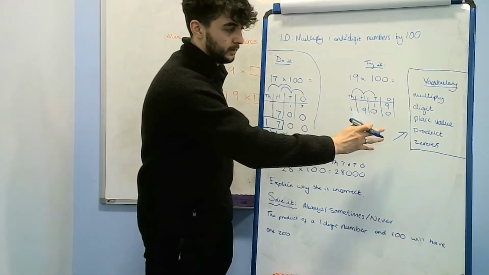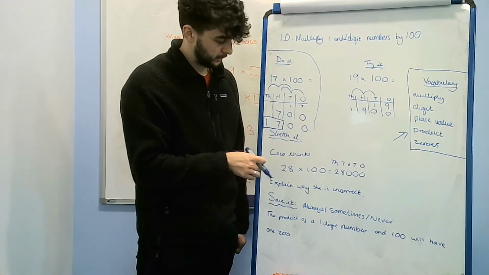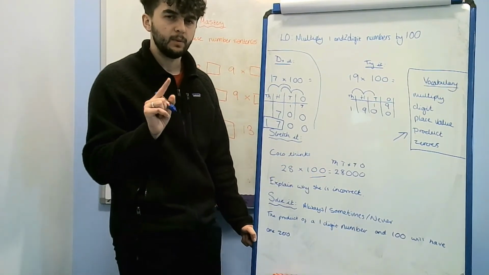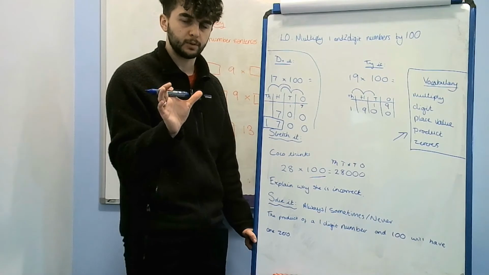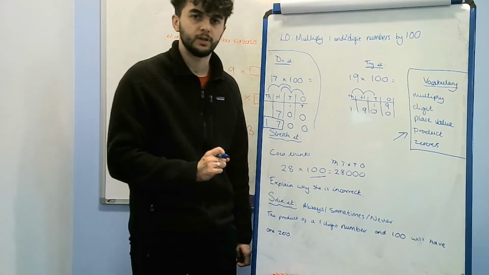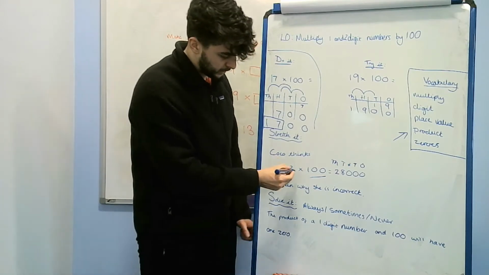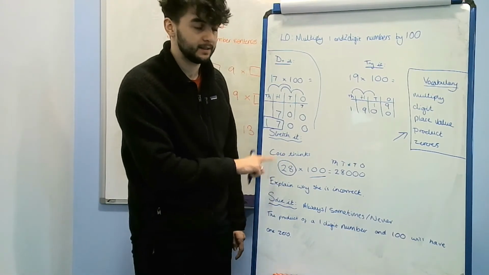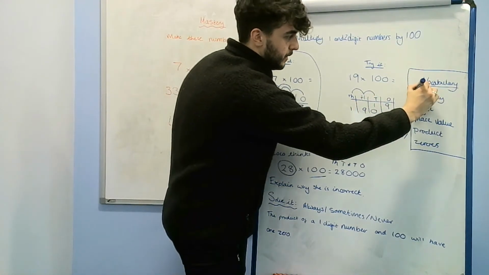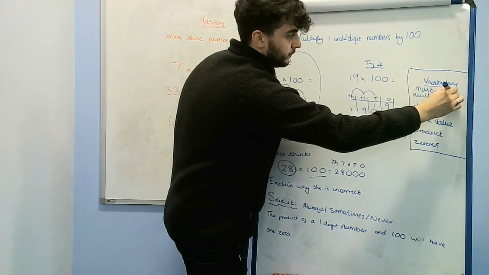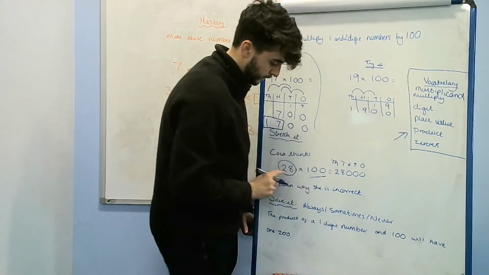No, use the vocabulary. Okay, multiplying by 100, we've said when we multiply by 100, our number moves across the place value chart by 2 places, because our number's getting 100 times bigger. We started with the number, remember this is our multiplicand, so I could put that in here, couldn't I? Multiplicand is 28.